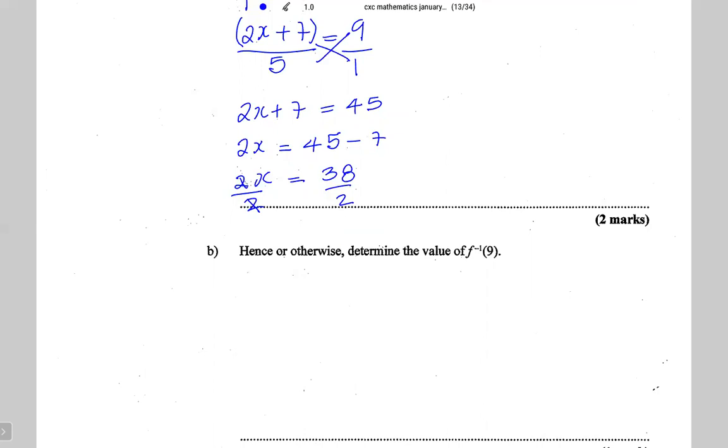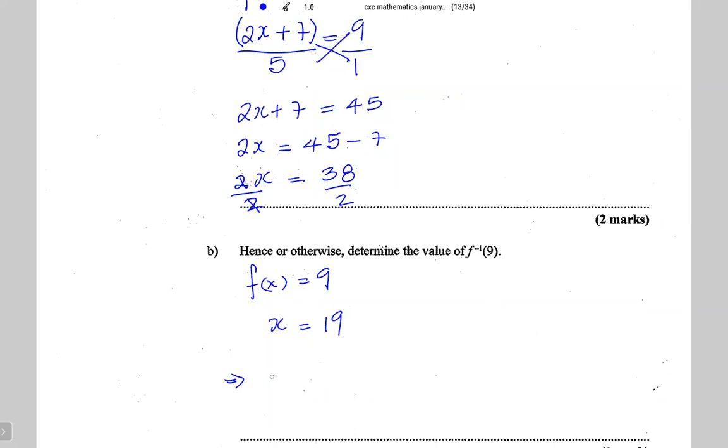You could work out f inverse and then put in 9, or you could use the fact that f inverse of 9 is the solution of the equation f of x is equal to 9. Now, we just solved this and we got x is equal to 19.